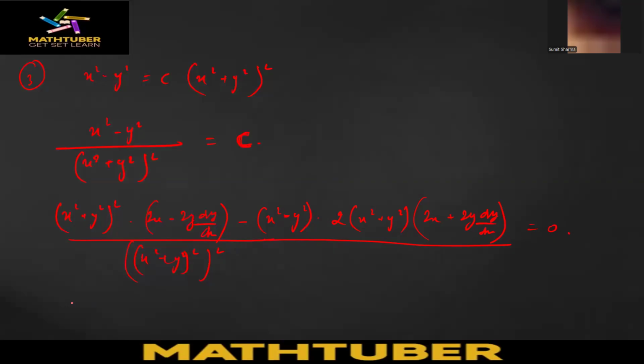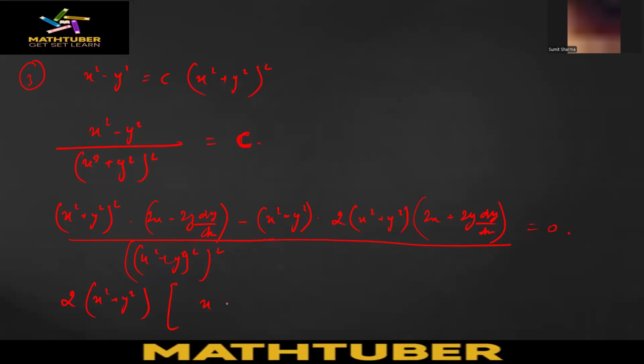And after this, okay, there is one more thing. We can take (x square plus y square) common, and also 2 can be taken as common. So 2(x square plus y square) is common.